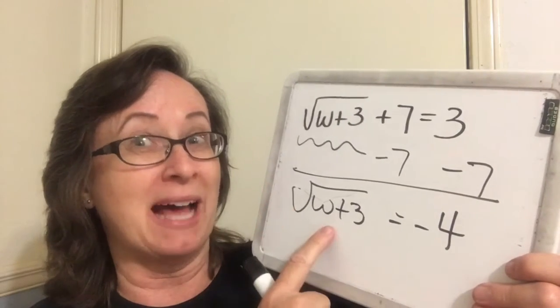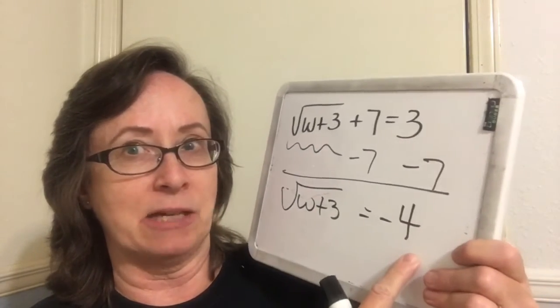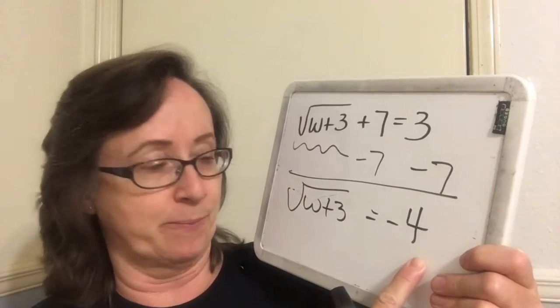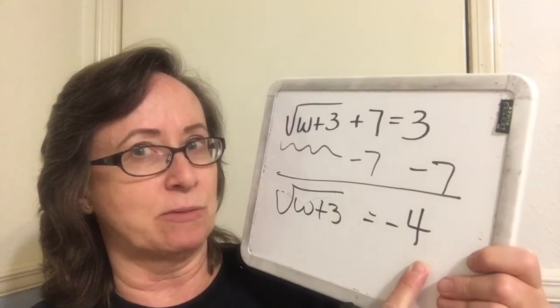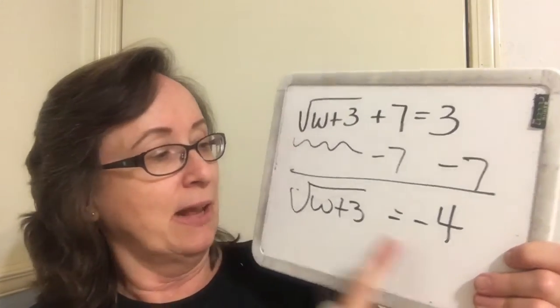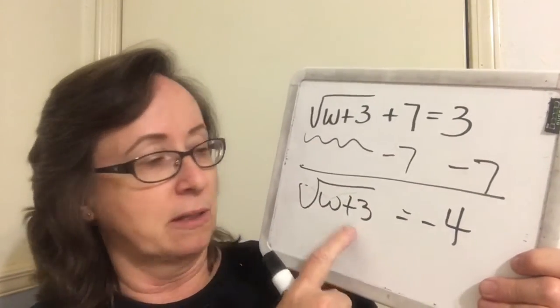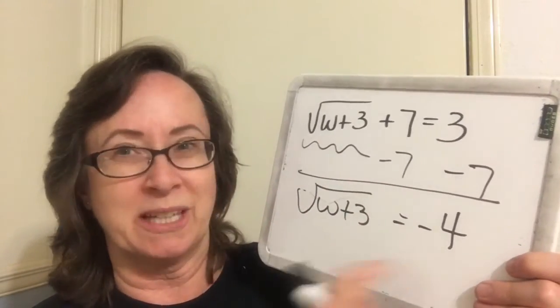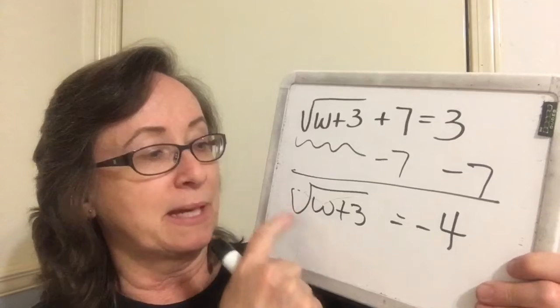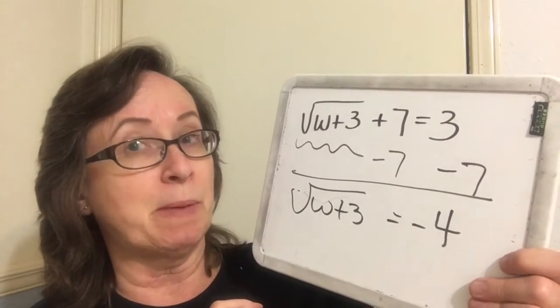That means it's the positive square root, and I have it set equal to a negative number. So I already know this thing is not supposed to have a solution. There is no number that when I take the square root of it, the principal square root will give me a negative 4, because the principal square root should always be positive.